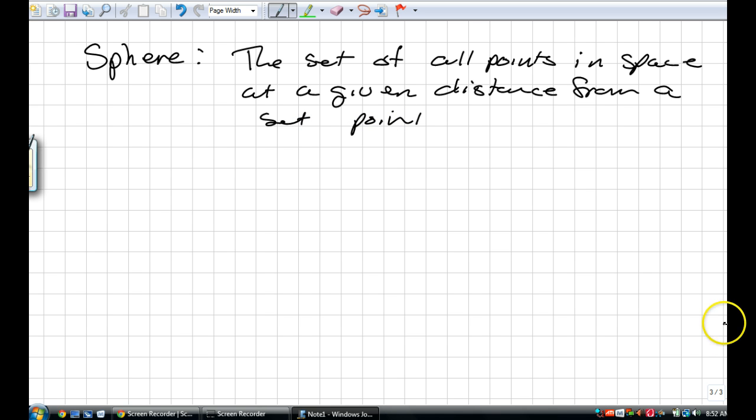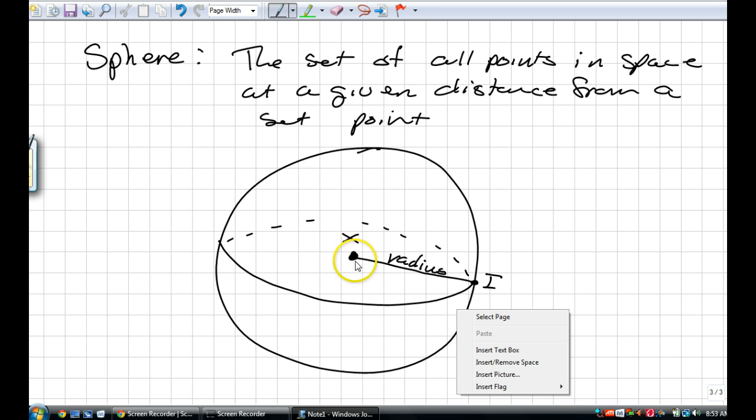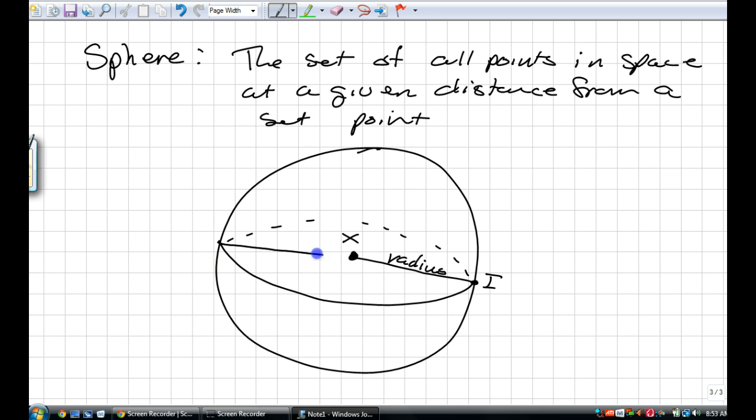So we would be talking about a three-dimensional object, where in this case X would be my center, XI would be my radius, and LI would be a diameter.